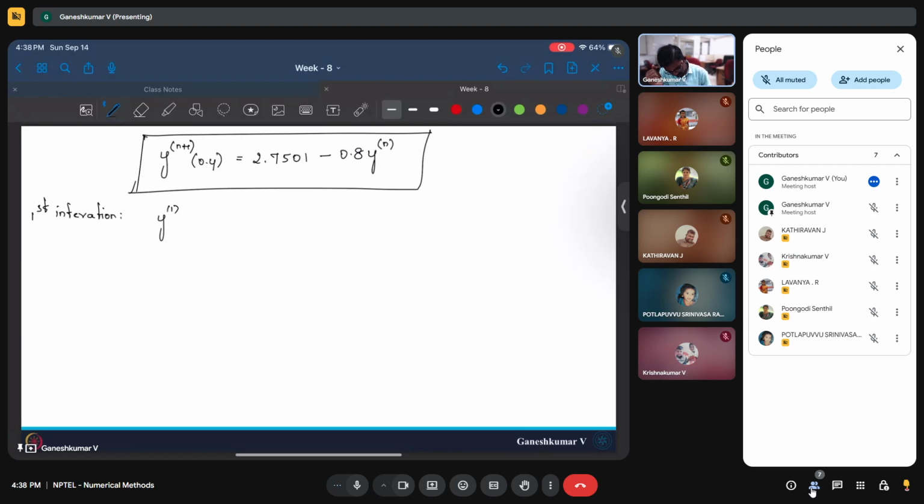Y of 1 at 0.4, I'm going to drop 0.4 here, is equal to 2.7501 minus 0.8 into y at 0 iteration. 0 iteration is nothing but your initial value. So here it is 3.